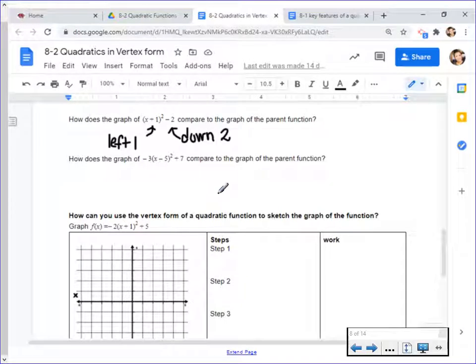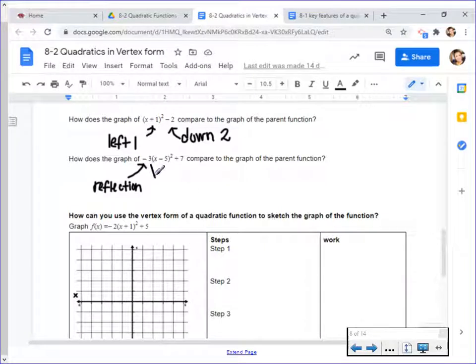The next one has even more going on with it. So we're going to start by talking about the negative sign. The negative sign means that there is a reflection. Instead of it opening up, it's going to actually point down. The negative sign tells me that this is going to point down.